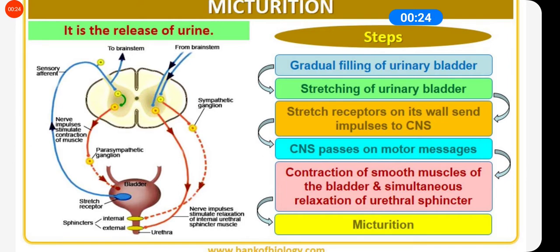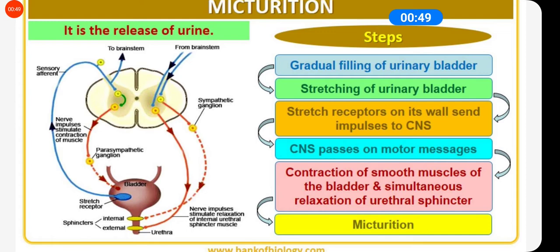First of all, there will be a gradual filling of the urinary bladder. You know that urine is produced where? In the nephron. Then from the collecting duct it enters into the renal pelvis, and from there it is carried to the ureter and then to the urinary bladder.